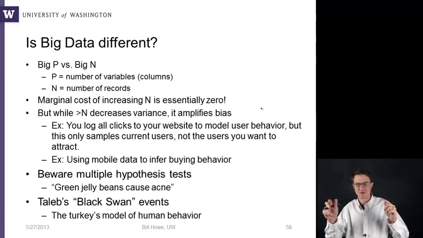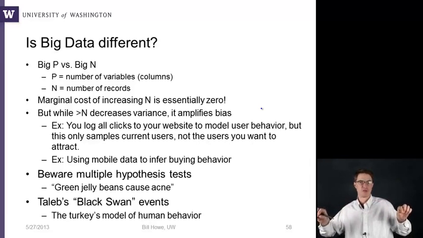And then the other comment I'll make that we will probably come back to is Nassim Taleb's black swan events. So this is things that are sort of inherently unpredictable, or the distribution of them does not follow a normal distribution, sort of a bell curve distribution, where the tails of the bell curve mean that extreme values become exponentially more rare. That's the sort of definition of the normal distribution. But in some cases, extreme values are not exponentially less common. They happen.